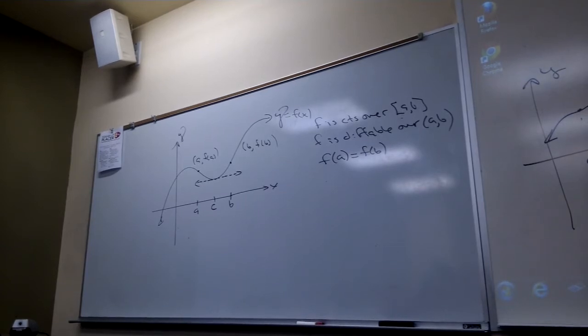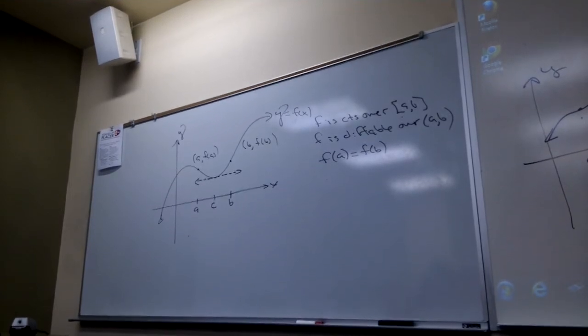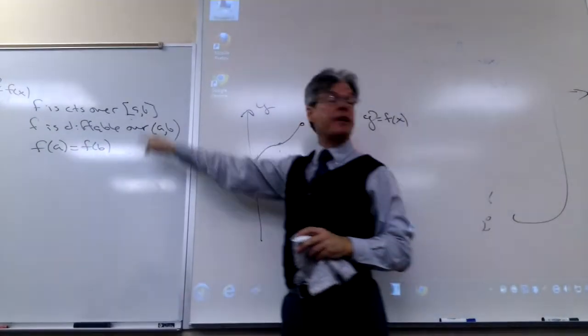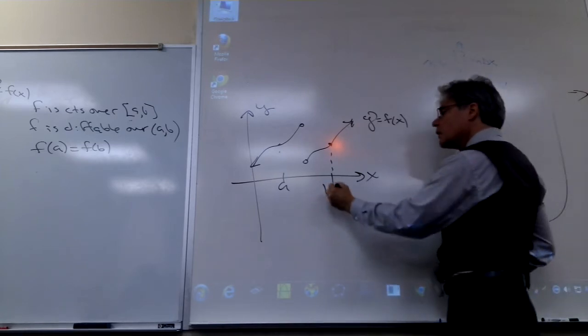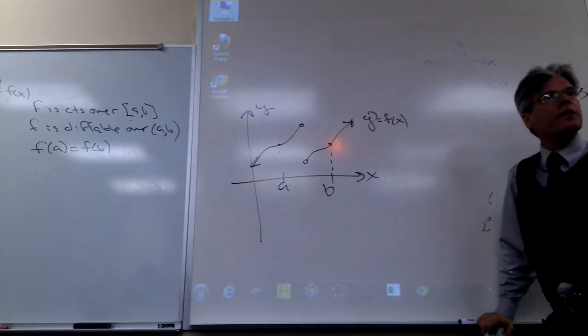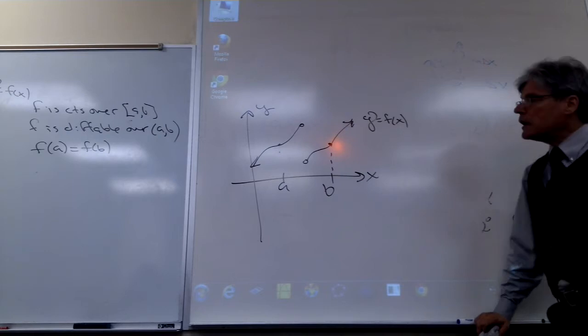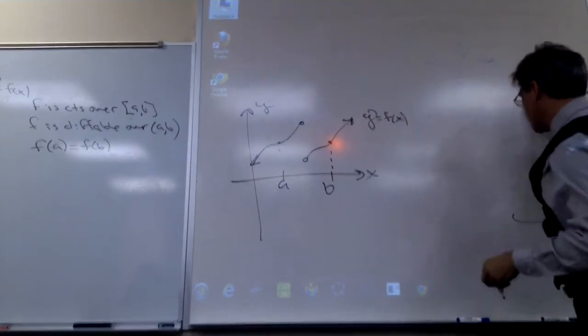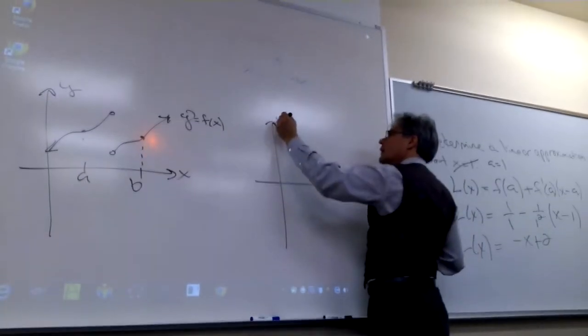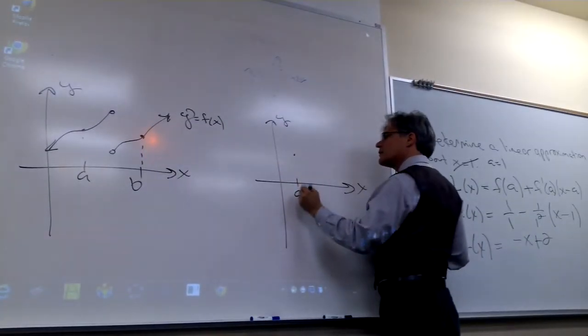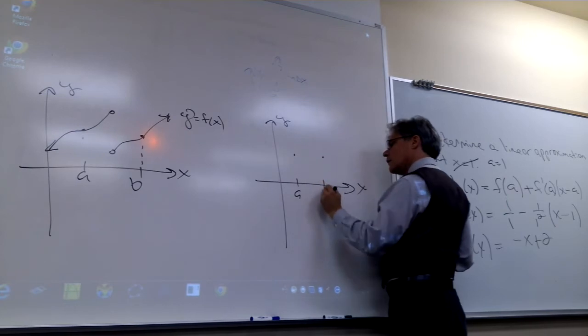If I think I've got a function y equals f of x that does not satisfy this criteria over here, then here's clearly a picture I can draw for which between a and b, there's no value of c for which the tangent line is horizontal. Even if I lack the second criteria, differentiability, but I'm continuous everywhere. Like, for example, take a peek at this picture.